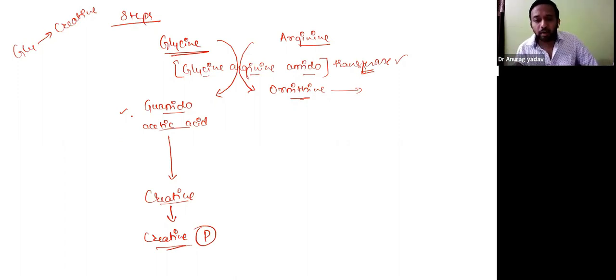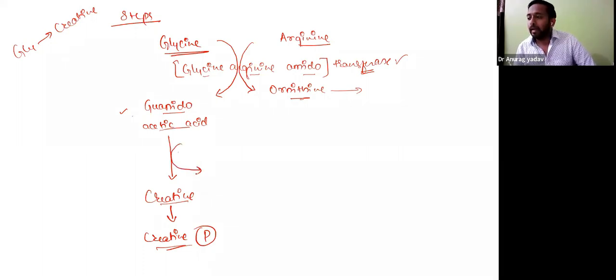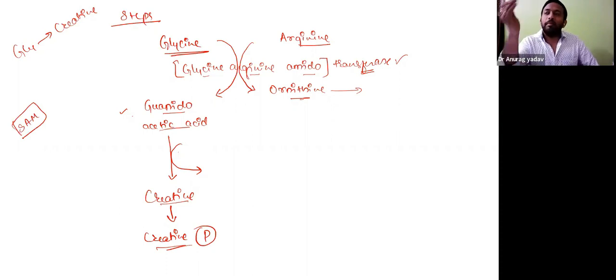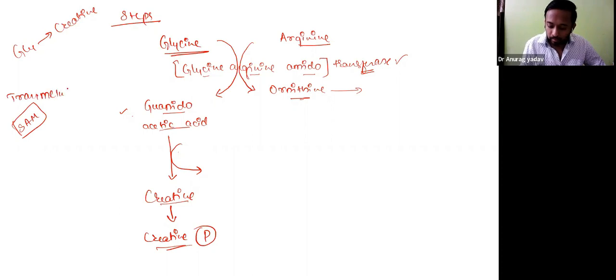Now this guanidinoacetic acid is converted into creatine by accepting a methyl group. Now we have seen there is one more compound required: S-adenosyl methionine. If you remember the chemistry of amino acids, there are some general reactions, the transmethylation reactions.